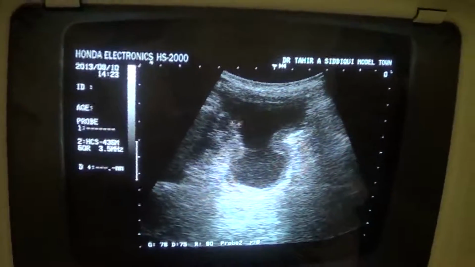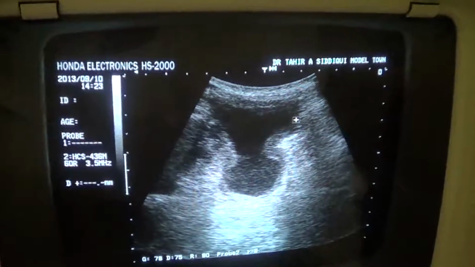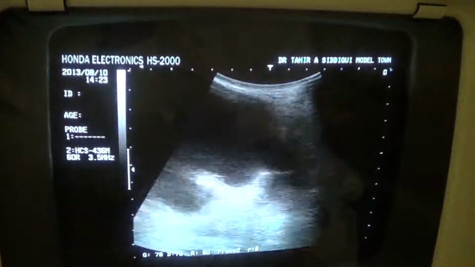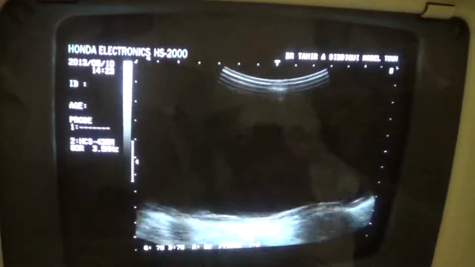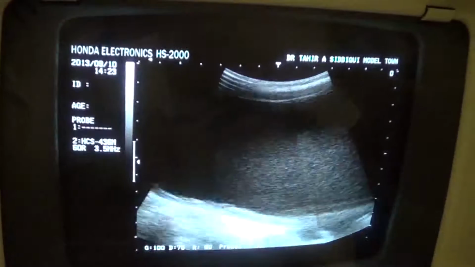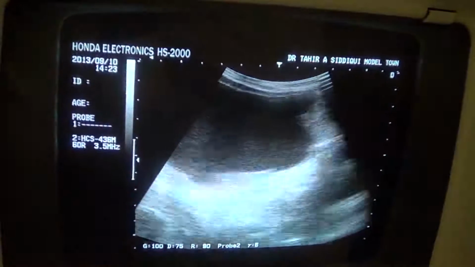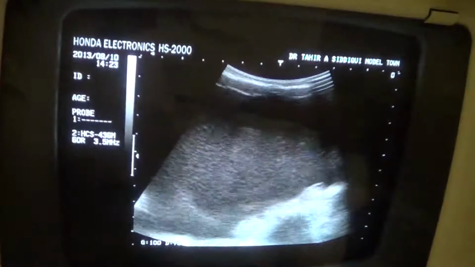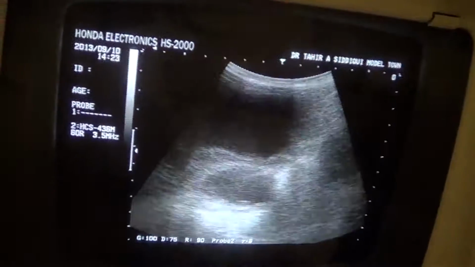This is the bladder wall. Here it is sausage shaped, full of echoes in transverse section. In longitudinal section, we see a huge cystic area that extends from just below the umbilical region up to the pelvic region.